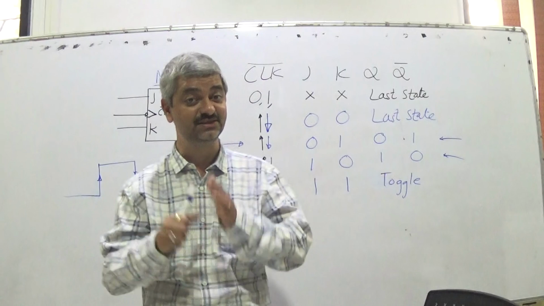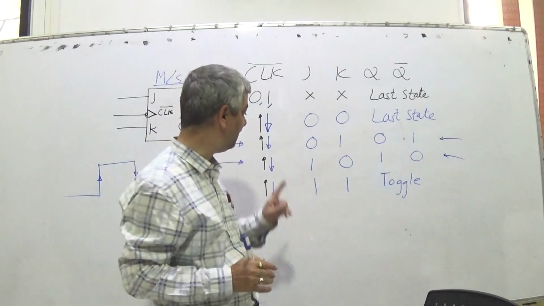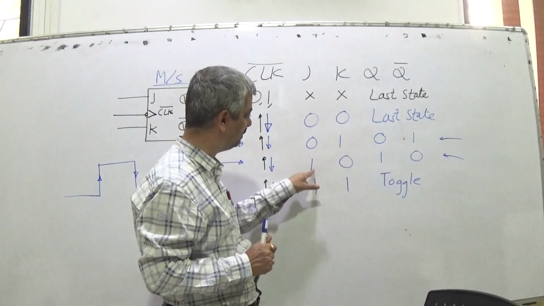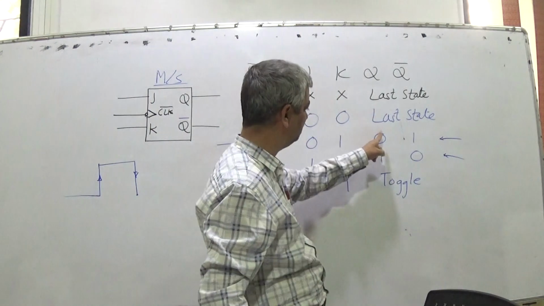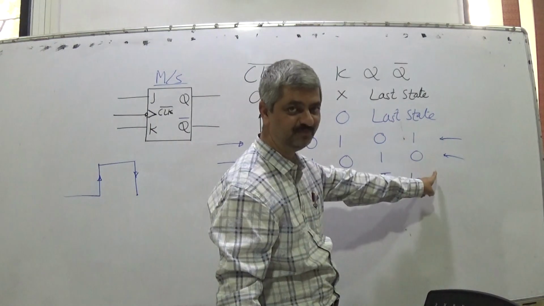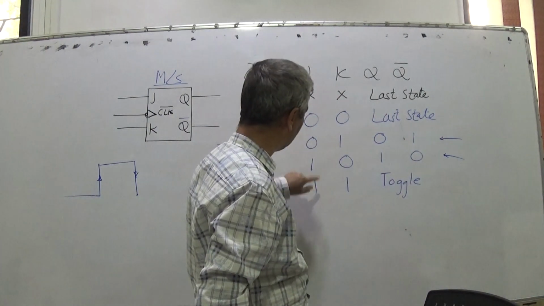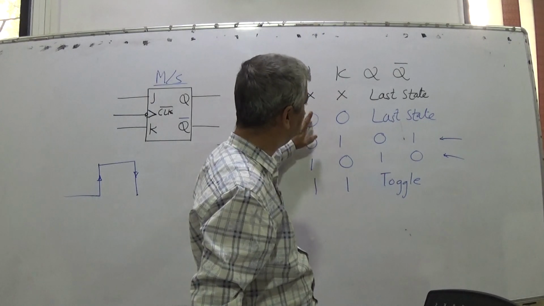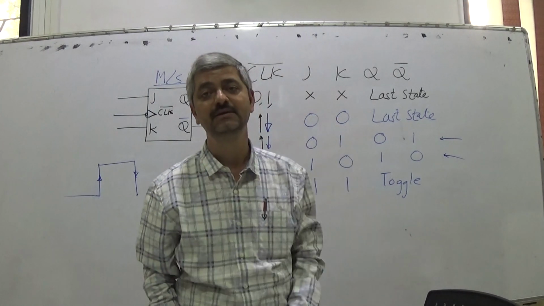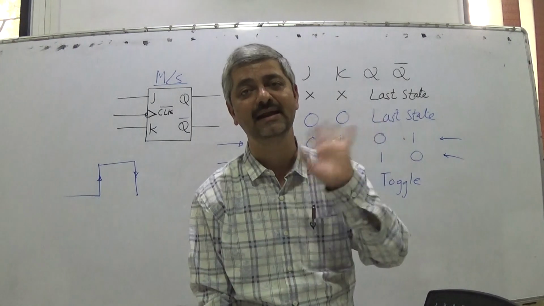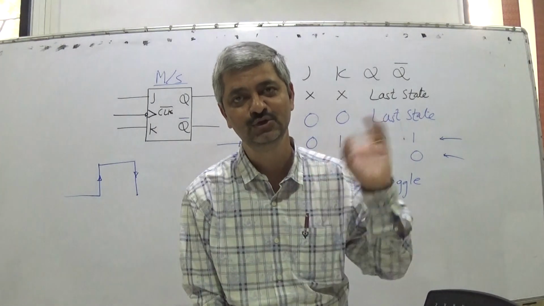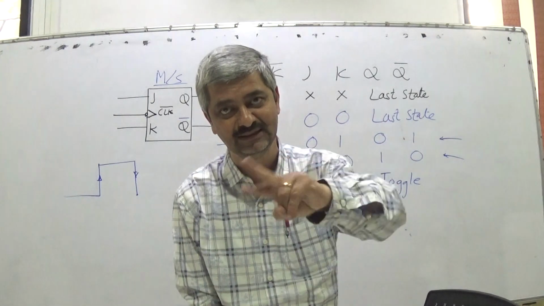So that is a fixed decision. Like that, when inputs are 0, 1 or 1, 0, outputs are fixed 0, 1 and 1, 0. Whereas input 0, 0 and 1, 1 do not demand a specific output. So both outputs are possible.